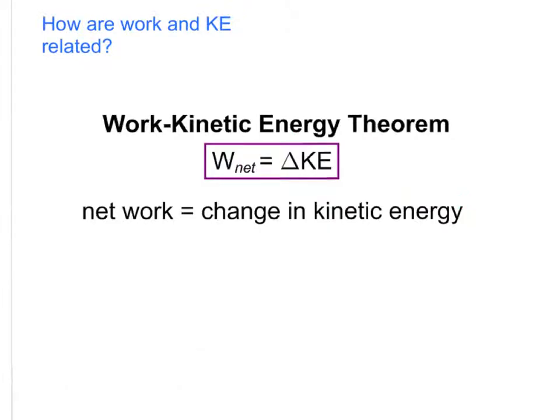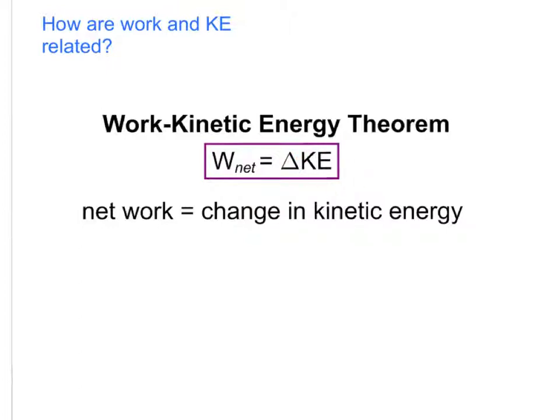So back to our question: how are work and kinetic energy related? We're going to now talk about the work-kinetic energy theorem. The net work is equal to the change in kinetic energy. This is a really important idea, and it's kind of an interesting one because we know that the units for work and kinetic energy are the same.